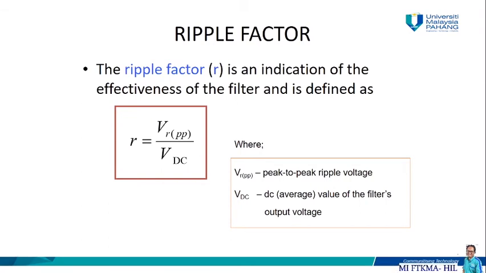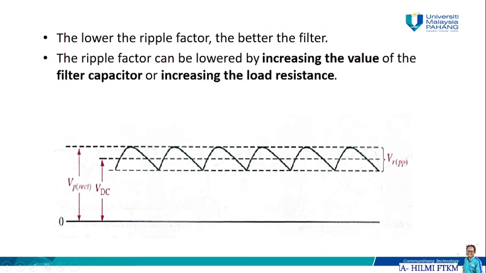VRPP is the peak to peak ripple voltage over VDC. VDC is the direct current average value of the filter's output voltage, so the average value.